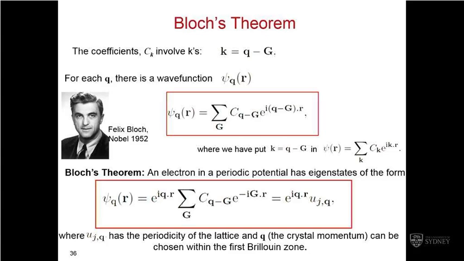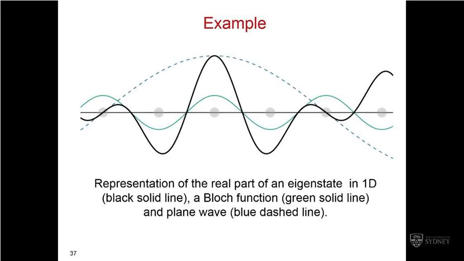So that's Bloch's theorem. It helps to have a look at what it looks like. Your wave function psi, in this one-dimensional case, may look like this for your electron, and it can be obtained as a product of some plane wave, here in the blue dash, multiplied by this periodic function u.